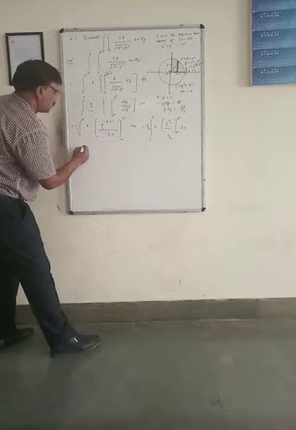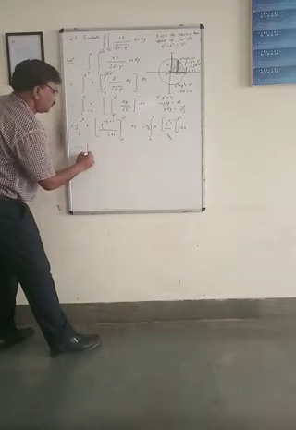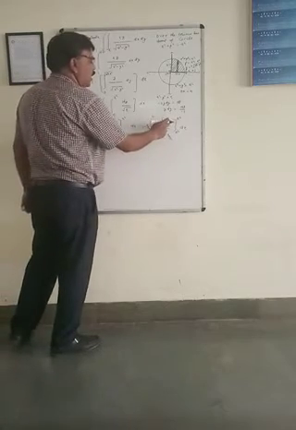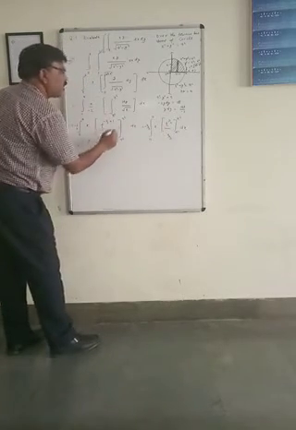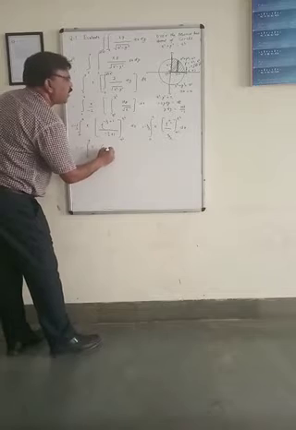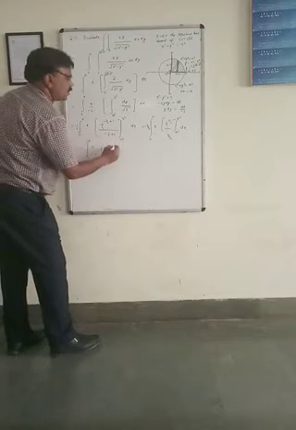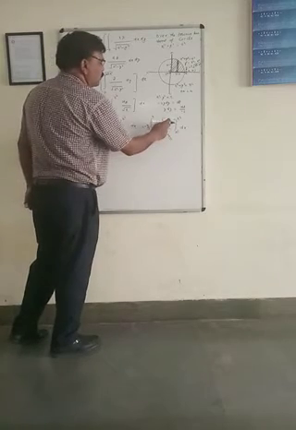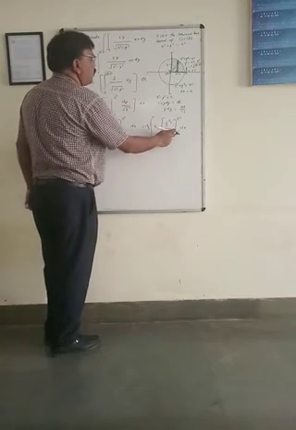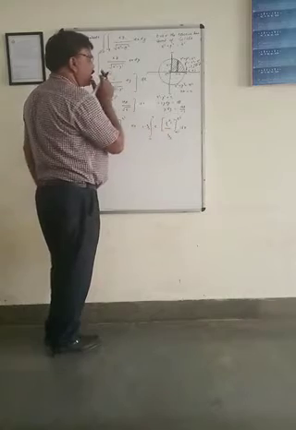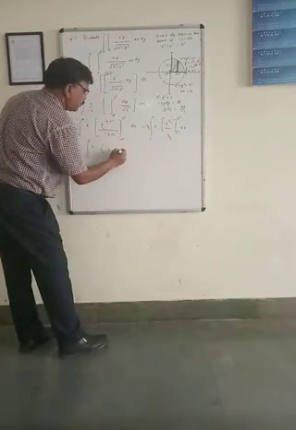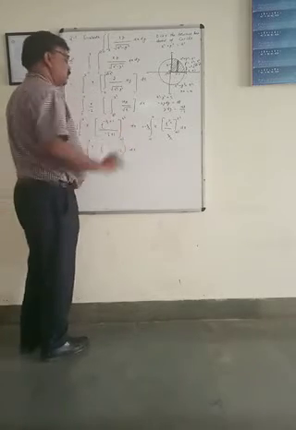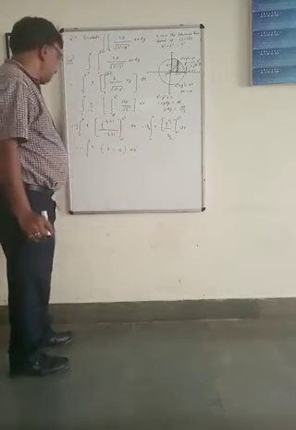Again minus, 0 to a, and putting the upper limit x square in place of t, it becomes x, minus, and at the lower limit t to the power 1 by 2 we have put a square, then it becomes a. Now dx. This is the final function.